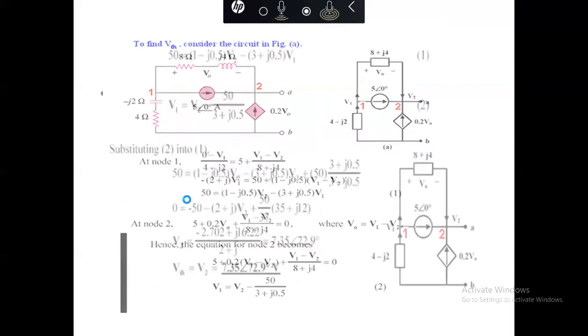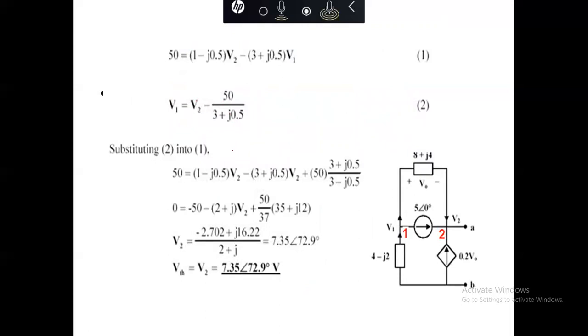So we have this new equation here, and we substitute the value of this V1 here.